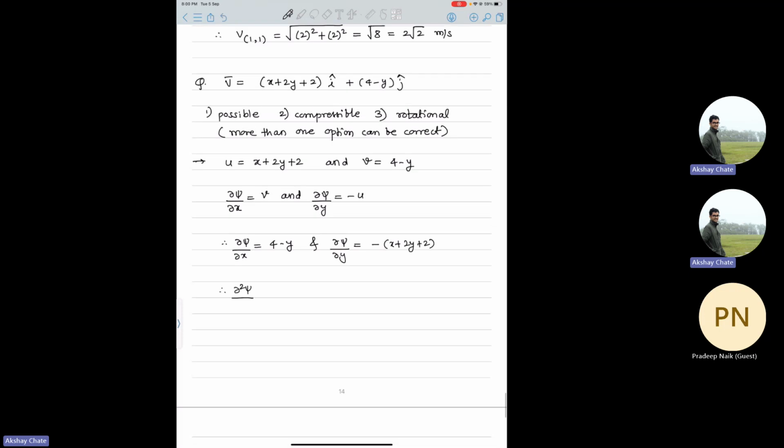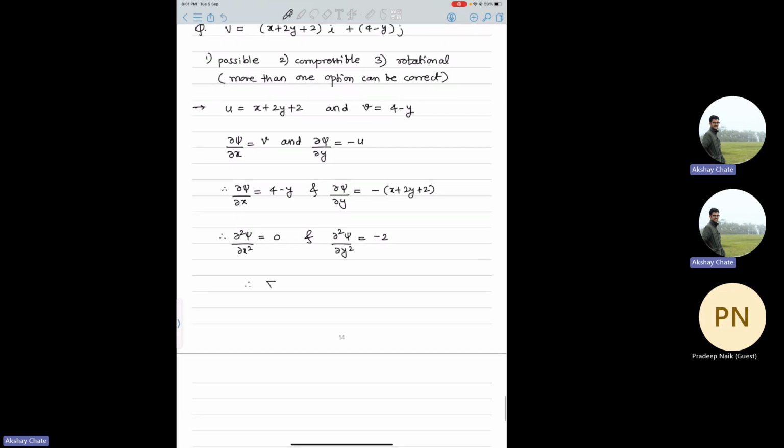Del square psi by del x square is 0 because there is no x there, and del square psi by del y square is minus 2. So here your Laplace becomes the sum of these two terms, which is minus 2, which is not equal to 0.